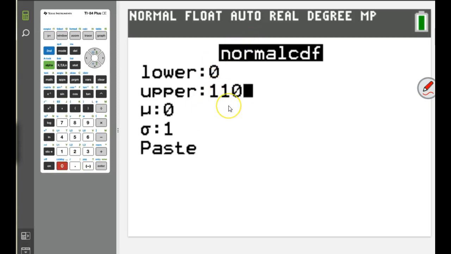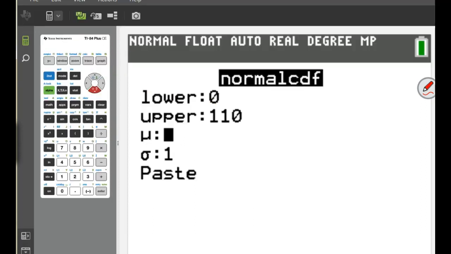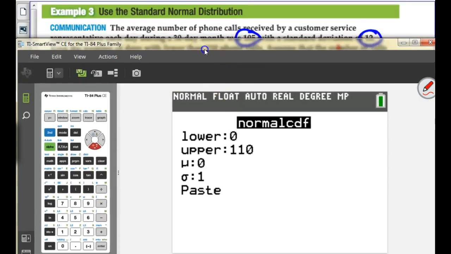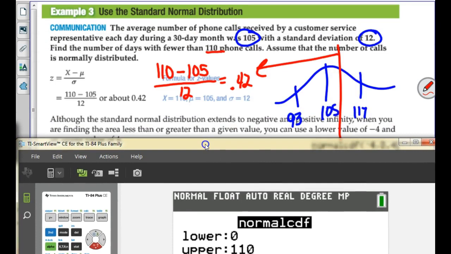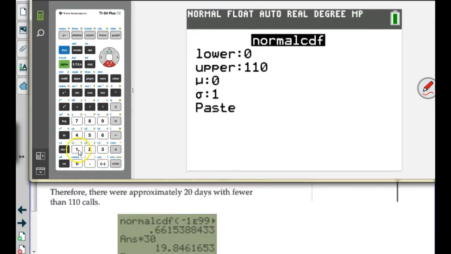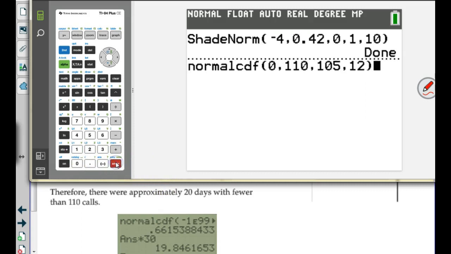Between 0 and 110 phone calls, when my mean was 105 with a standard deviation of 12. So I'm going to put in 105, and then I'm going to put in 12. And I'm just going to hit paste. And I got 0.66. Did everybody else get that?